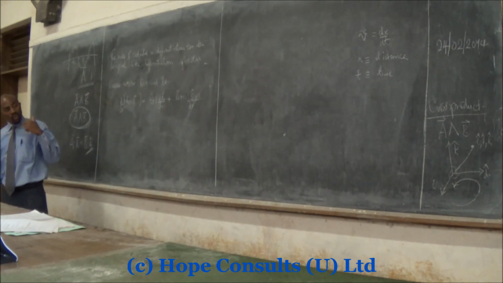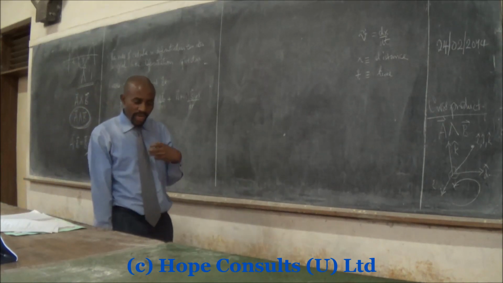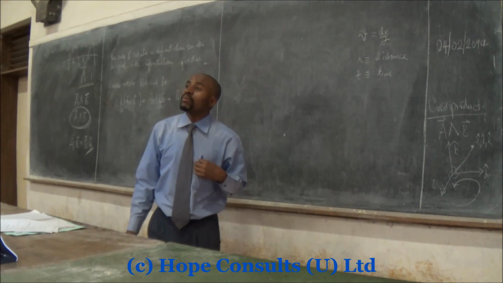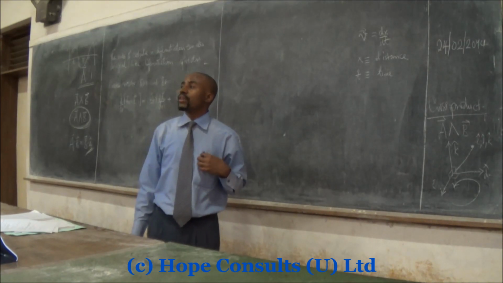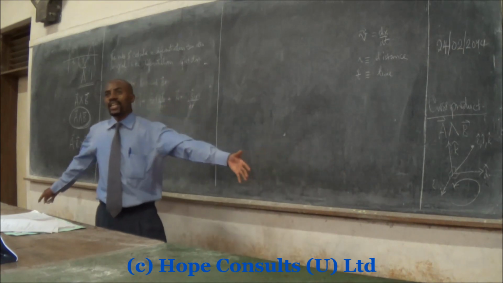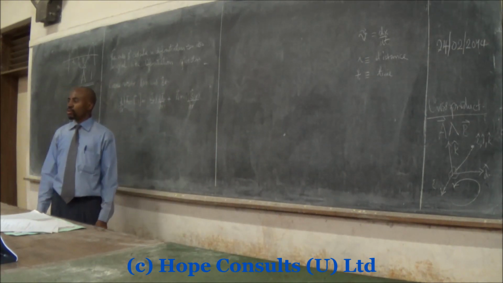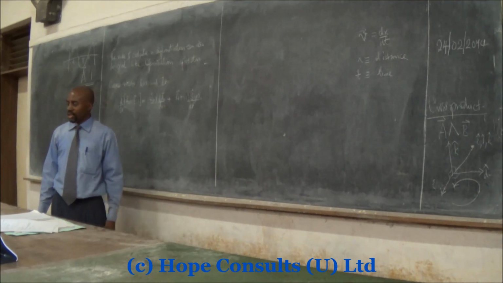Similarly, if I know how fast the body was moving, I can get to know how far the body moved if I know how much time it took for the motion to take place.